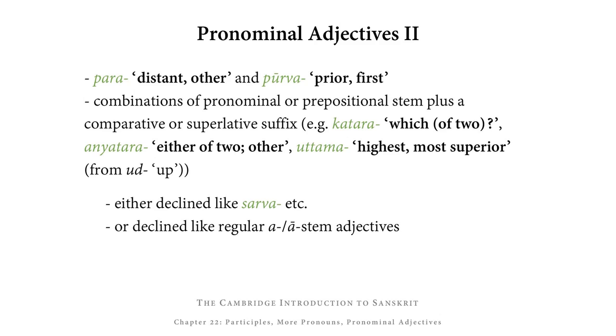So for example, ka tara, meaning which of two, anya tara, meaning either of two, ut tama, literally the upmost, so the highest or the most superior, and a number of other forms that are formed just like them. So these decline either like sarva or they decline just like regular adjectives.